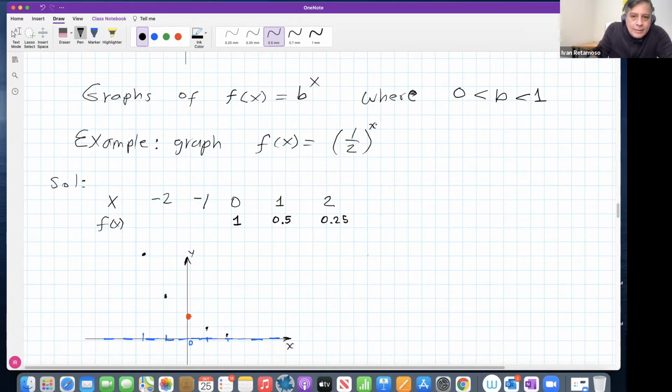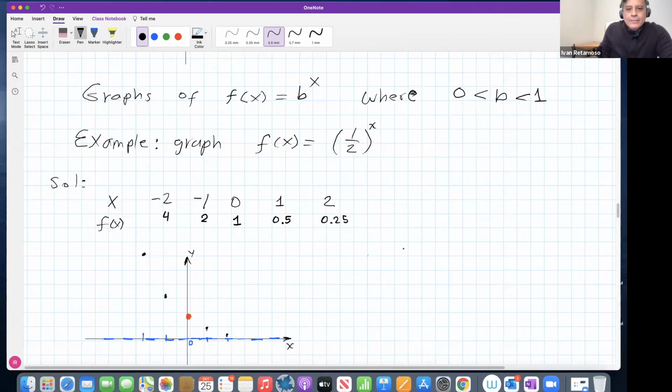Remember, when the exponent is negative, you flip the base, you get 2 raised to 1. This should be 2. And you can confirm all these computations in the calculator. 1/2 raised to -2, flip the base because of the negative sign, 2 raised to the second power, 4.